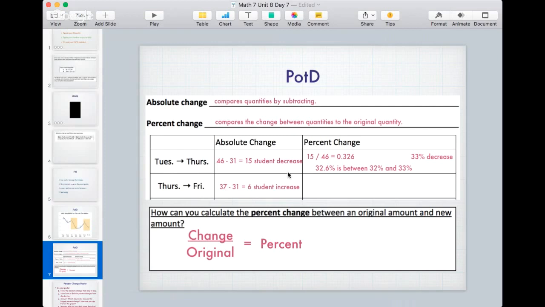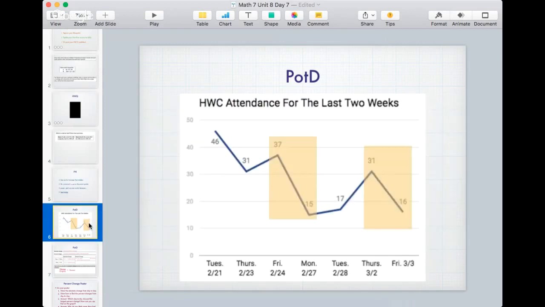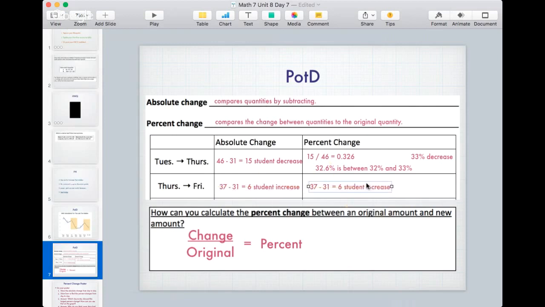Looking at Thursday to Friday, we had our 6 student increase, and that was out of the original 31 students. So we would say we had 6 divided by 31 students, 6 out of 31 students, which is approximately 0.194, or 19.4%, which is between 19% and 20%.